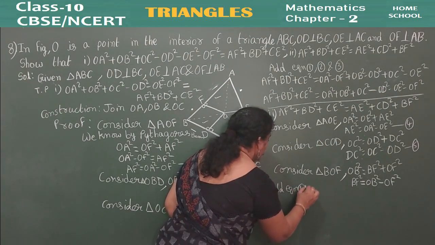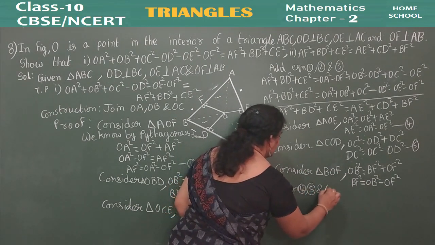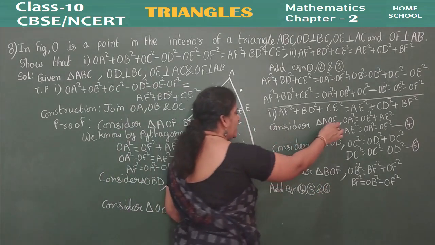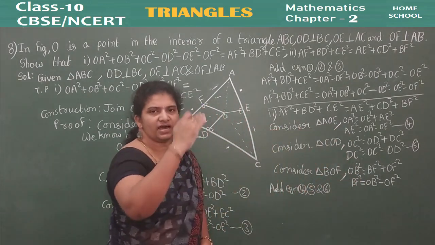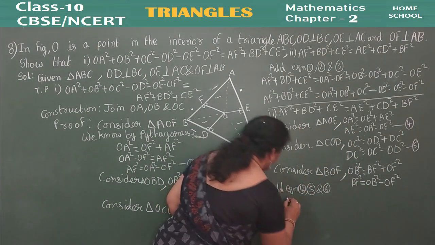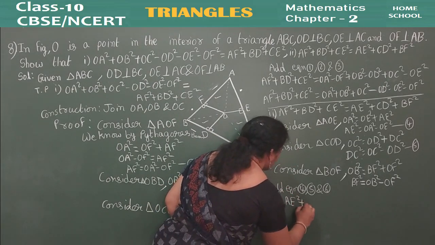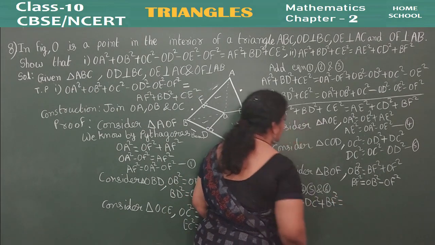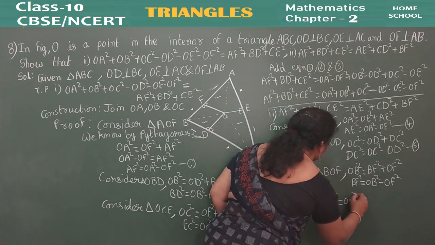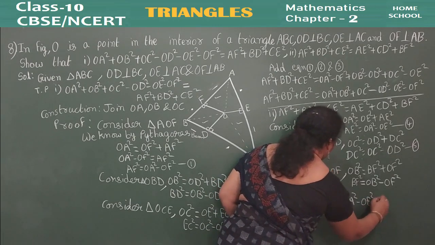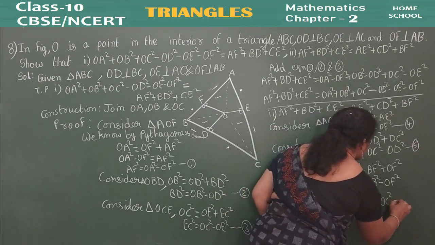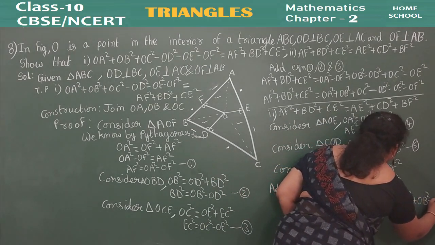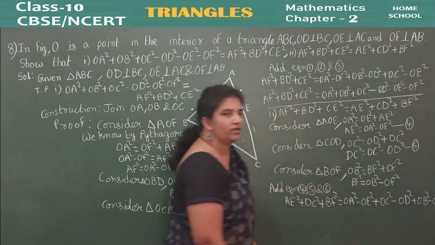So now, next step, add equations 4, 5 and 6. If you add 4, 5, 6, we get LHS side, LHS you add, RHS side you need to add now. That will be AE square plus DC square plus BF square is equal to OA square minus OE square plus OC square minus OD square plus OB square minus OF square.